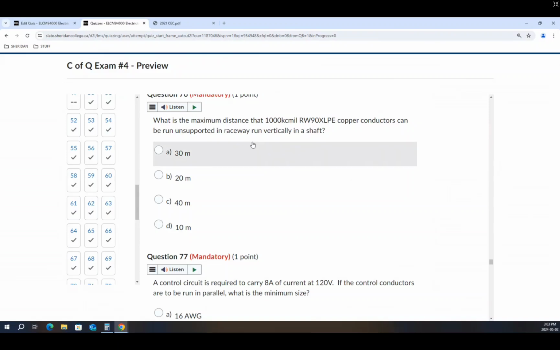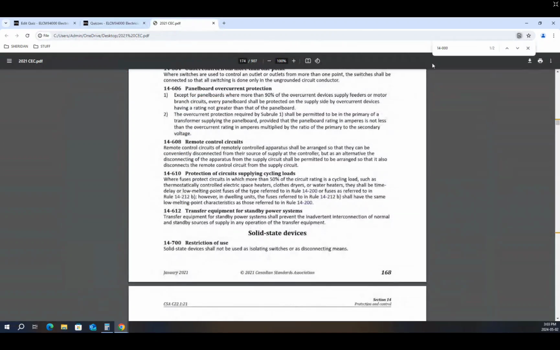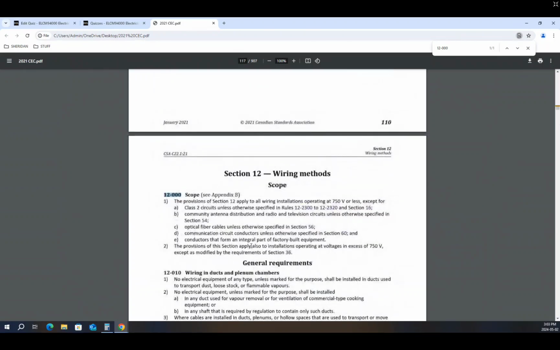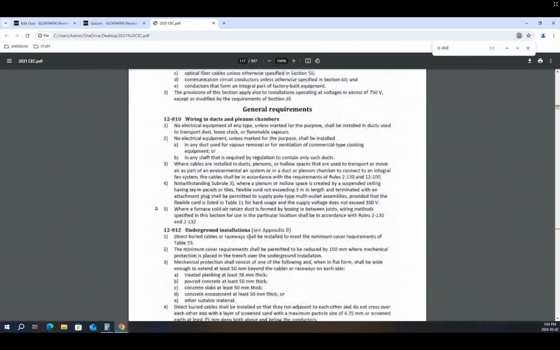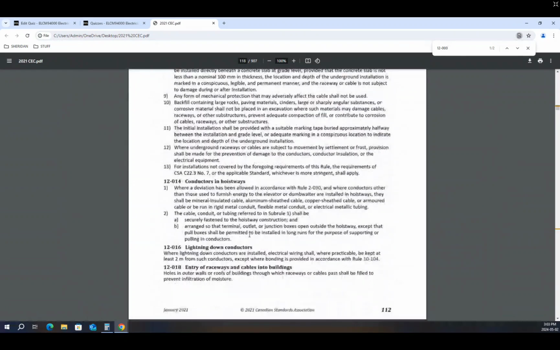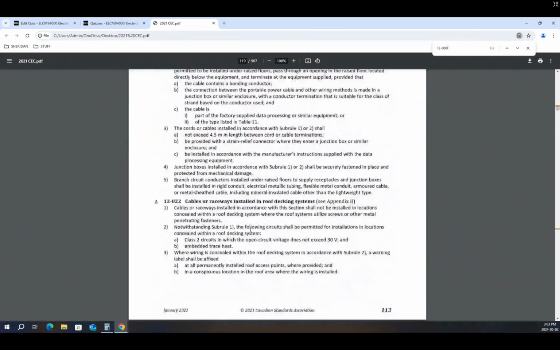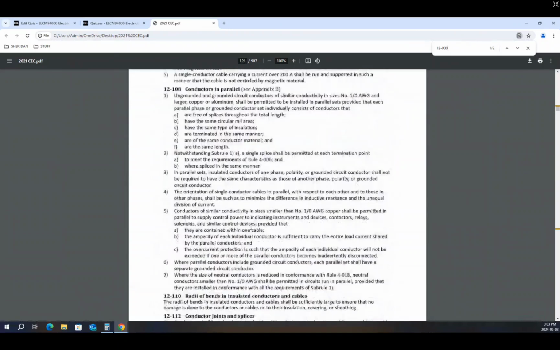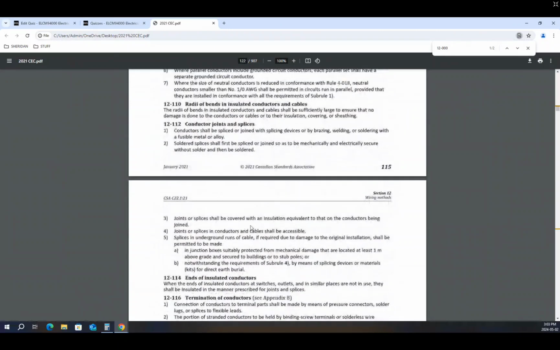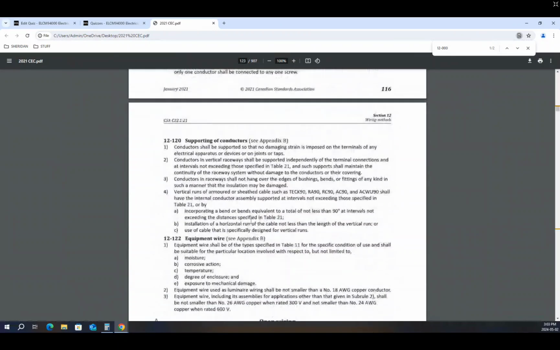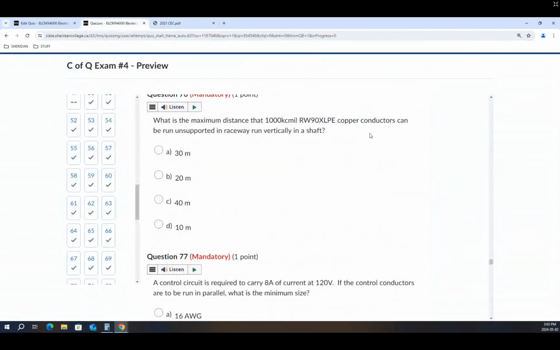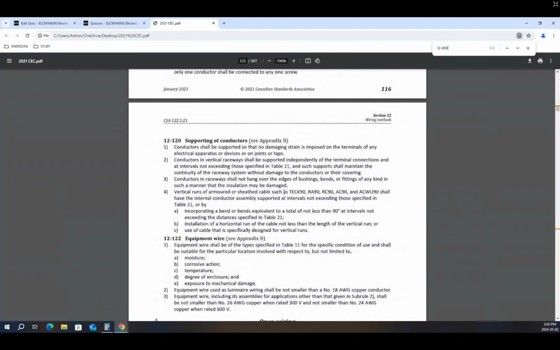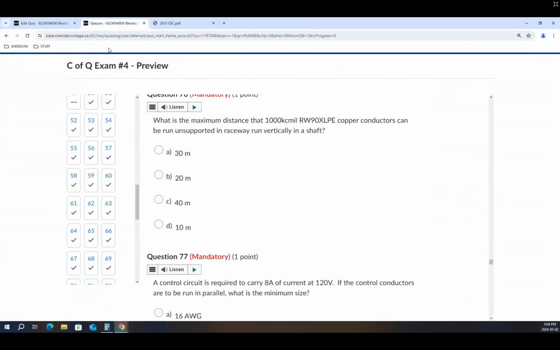What is the maximum distance a 1,000 kcmil copper conductor can be run unsupported in a raceway, run vertically in a shaft? Conductors and hoistways. Supporting of conductors. Run vertically in a shaft. Vertical runs of, what are we running here? RW90.